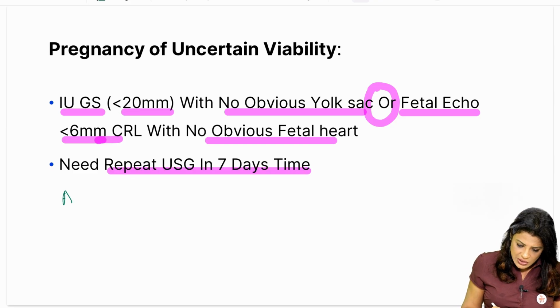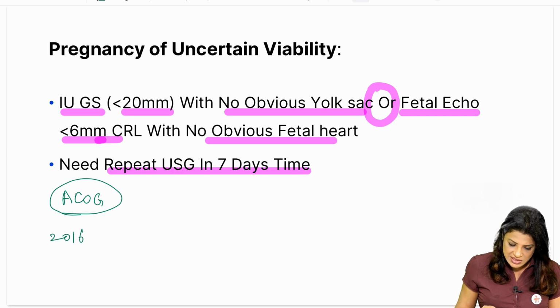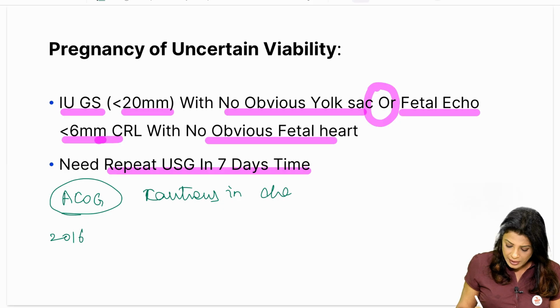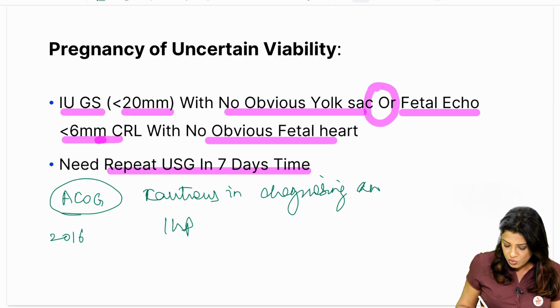Now ACOG says, according to 2016, about pregnancy of uncertain viability, that you have to be cautious in diagnosing an intrauterine pregnancy in the absence of a yolk sac or embryo.